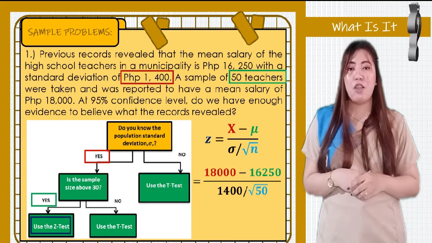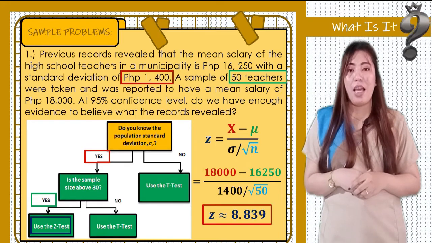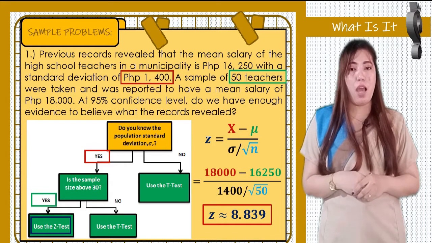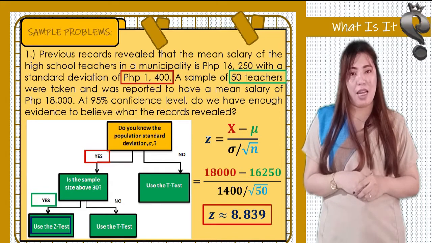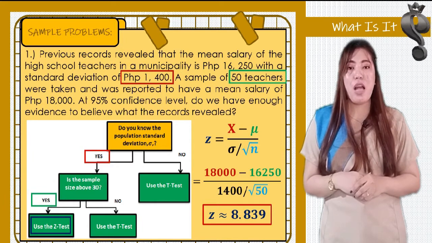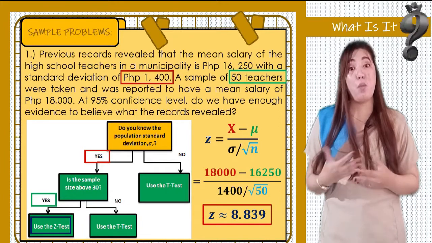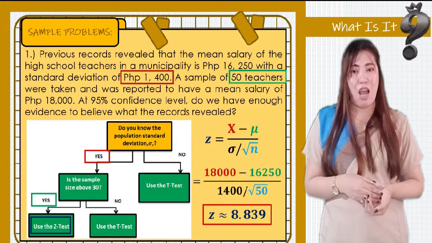Performing the indicated operations, we get z is approximately equal to 8.839. We use the approximate symbol instead of the equal sign because we rounded off the final answer.